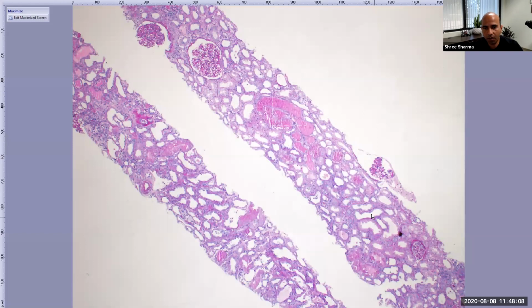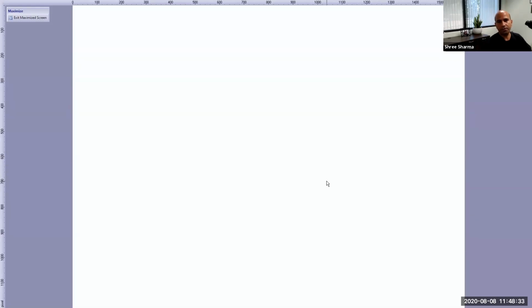I'm showing you a cortical parenchyma, and in this parenchyma, you can see the tubules, they are dilated. They are showing you some pink material within the tubules, and you can also see some pink granular material within the tubular cytoplasm, okay? You see the glomeruli, but you cannot see focally the architecture of the glomeruli very nicely. The segments are almost obliterated. So let's go on high power to see what's going on.